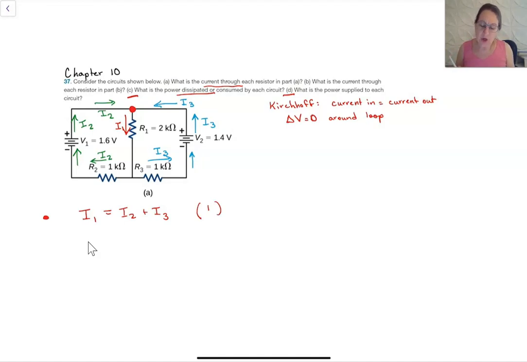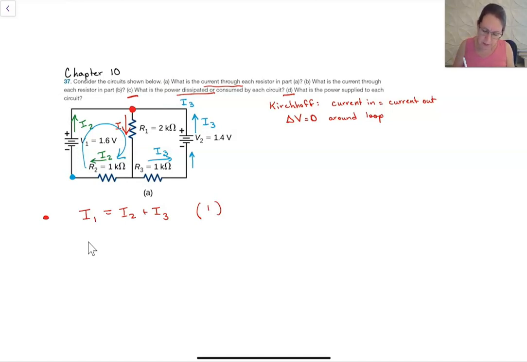I've got to find the currents, current 1, 2, and 3, and so I need 3 equations because I have 3 unknowns. So now I'm going to do a loop and add up the voltages around the loop. I'm going to start in this bottom corner and loop around like this. I'm going to get rid of some of my current markers because I don't need quite all of them.